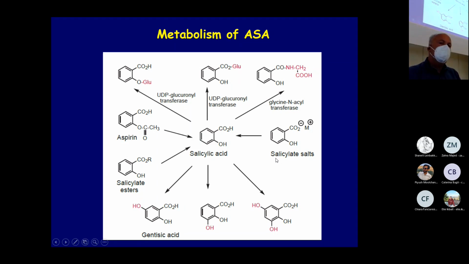Salicylic acid is also able to form chelates with some metals. And also you can see the introduction of different OH, aromatic hydroxylation in different positions, just to increase the hydrophilicity and to increase the elimination of this type of compound.